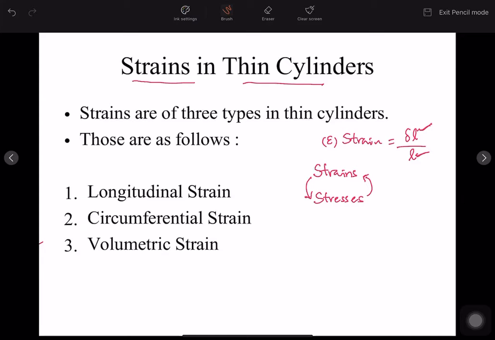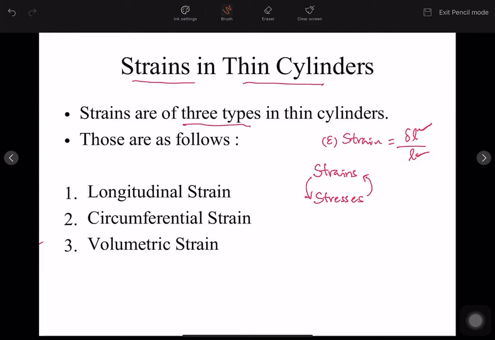I hope everybody knows this. So strains are of 3 types again. As I have mentioned, stresses are also of 3 types. One is circumferential stress, second one is longitudinal stress, and third one is radial stress.